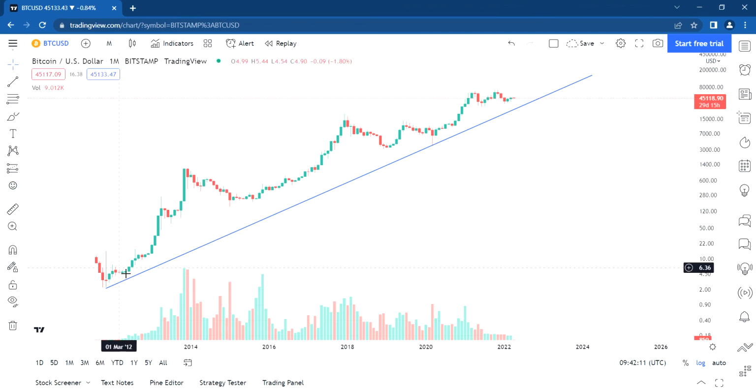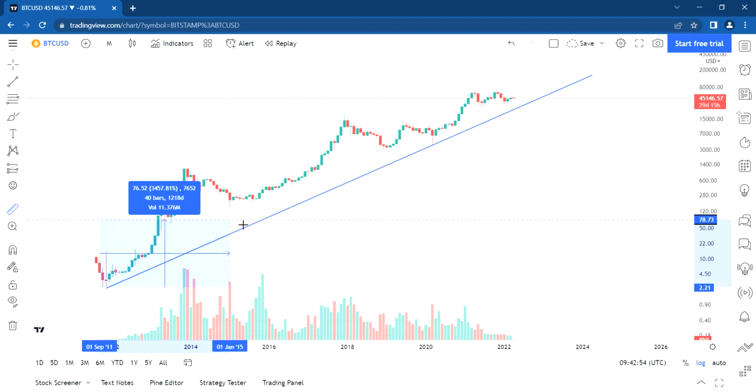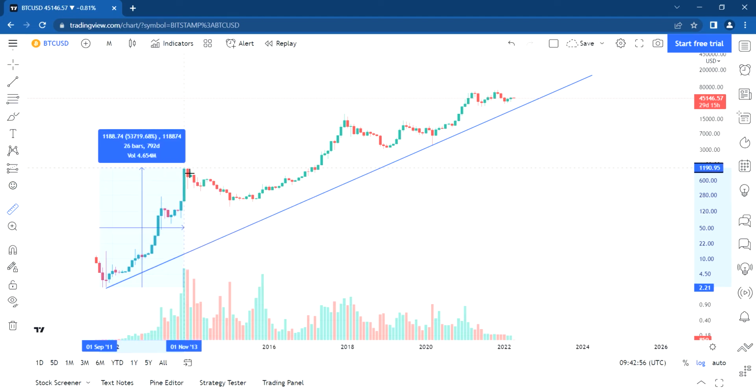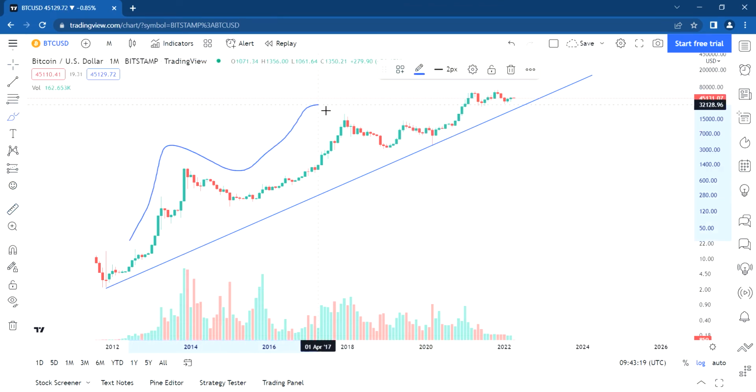But here at Crypto Academy, we like to take advantage of the volatility. However, if you do the same thing and you avoided these downfalls, so you'd have bought and then sold here, and if you add those up, you would actually have made more money than riding the volatility like this.